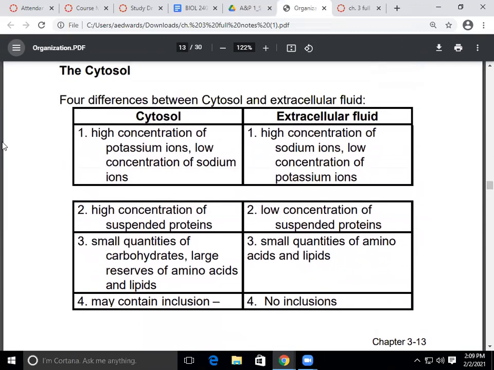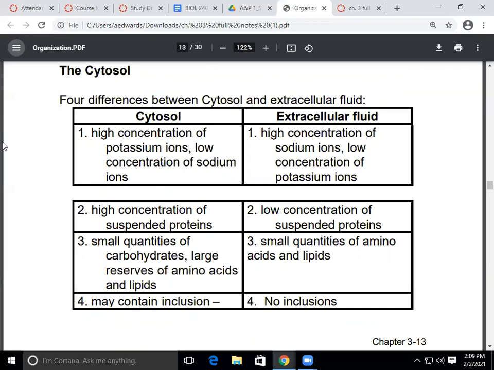Anytime we put something together in a table, it's probably an important difference, an important thing for you to know. These are the differences between the cytosol on the inside of the cell and the extracellular fluid on the outside of the cell.